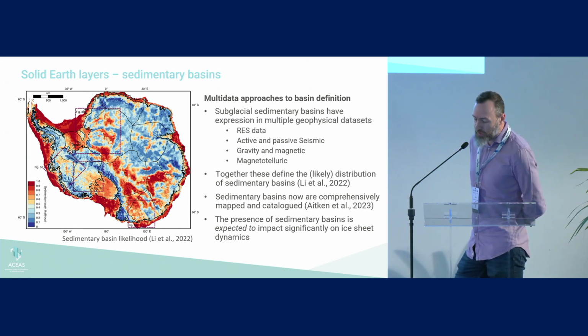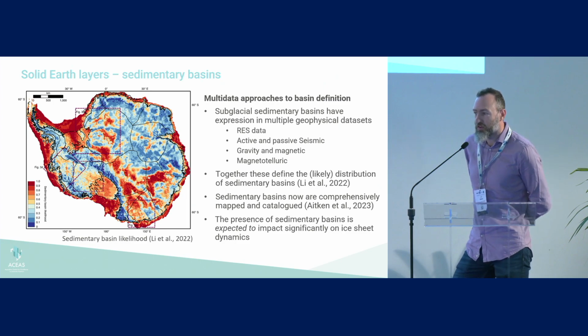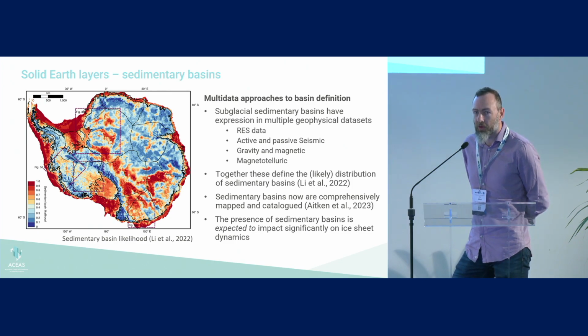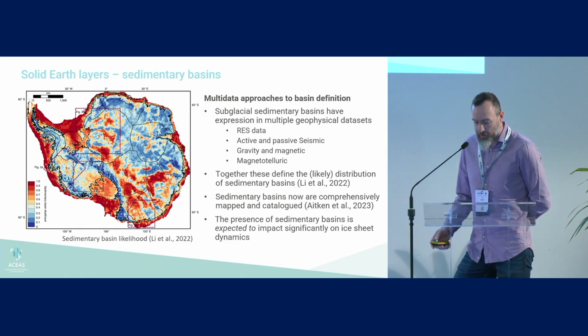And we've now made a new map, which I'll show in a moment, which was just published 2 weeks ago. It's really an important layer to understand because our expectation is it has quite a strong impact on ice sheet dynamics, particularly on longer time scales, but also in some cases on shorter time scales.